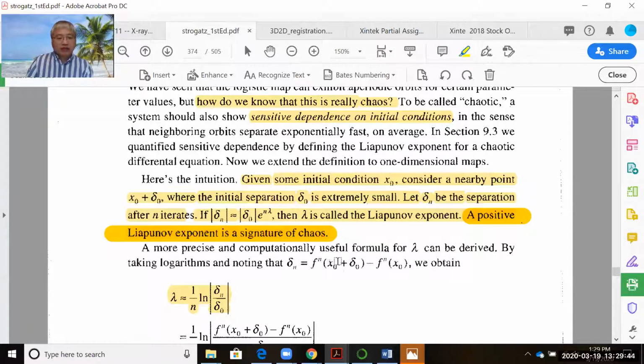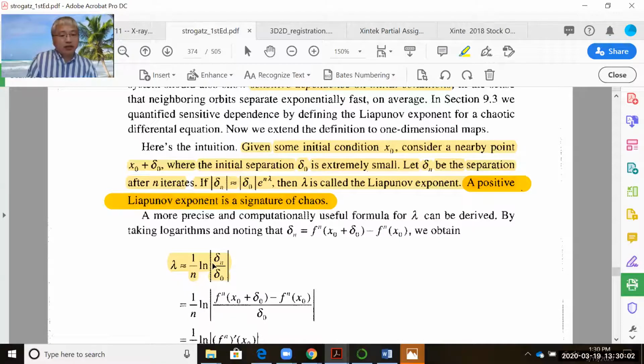If it grows exponentially, then you take the ratio of delta n to delta naught, take a log of that and divide by n, and that gives you the lambda value. So these things can be calculated numerically fairly easily. In fact, I'm going to give an assignment asking you to calculate this lambda for a couple of maps.